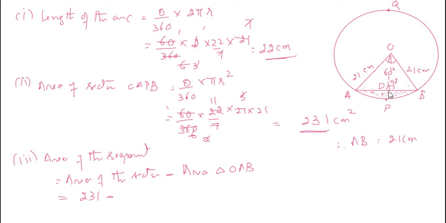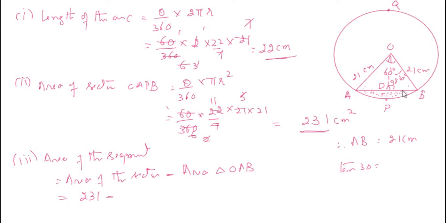You have drawn the perpendicular, it bisects the angle here, so this angle becomes now 30 degree. We need to find out this height OD. Now DB, if you take this as 30 degree, DB is the opposite side, OD is the adjacent side. So tan 30 equal to DB.